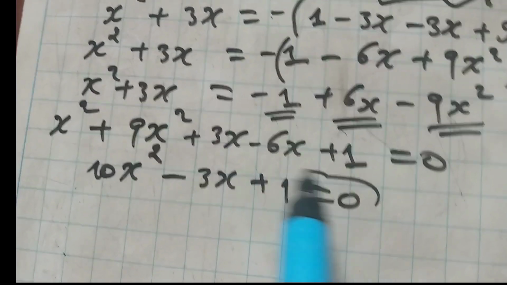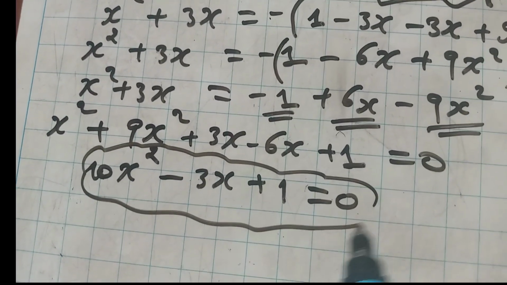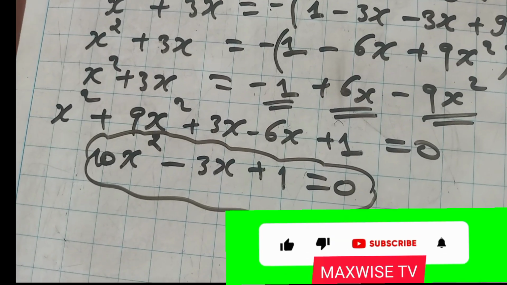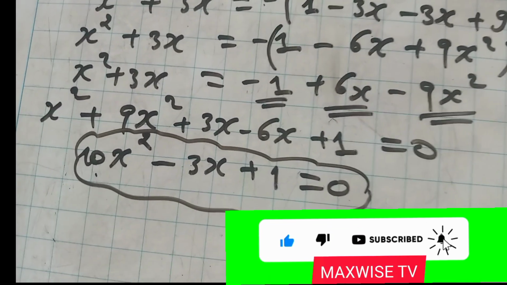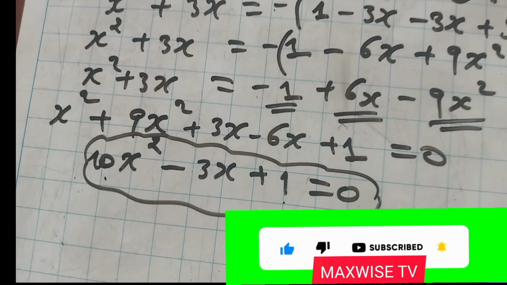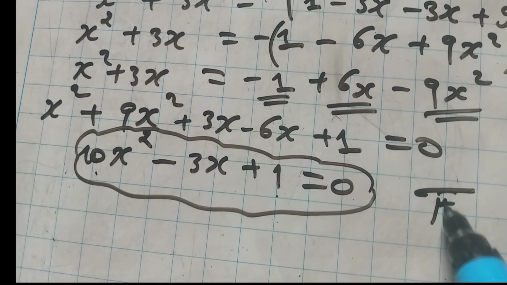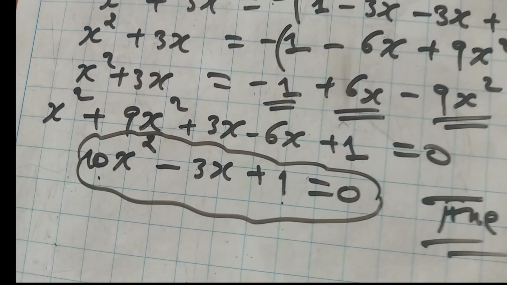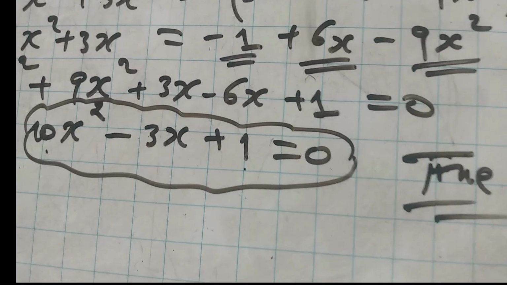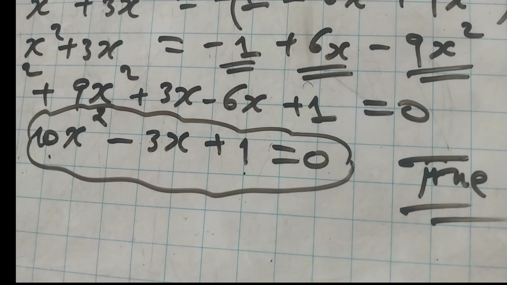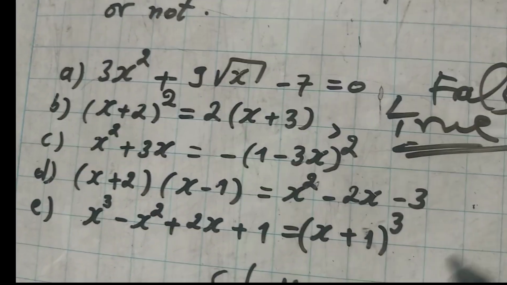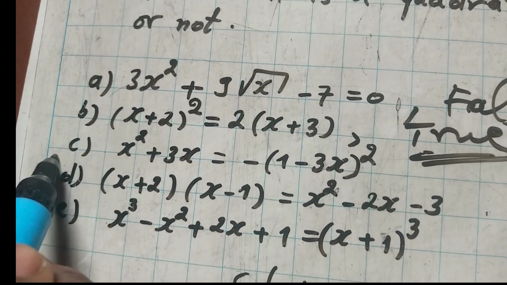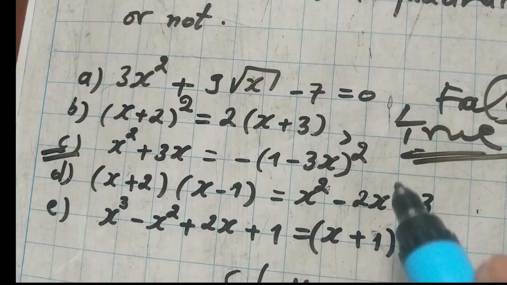You see, this one is in the form of a quadratic equation, where this one is a, this one is b, this one is c. Now this is true. And the expression that we have on number C, here, this C is true.